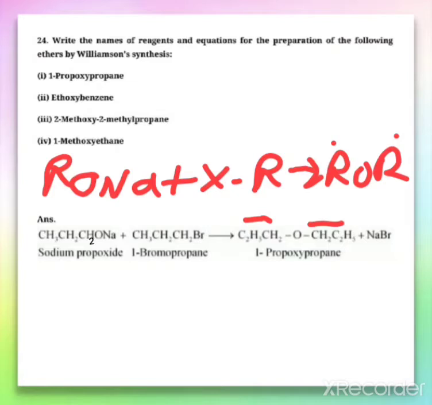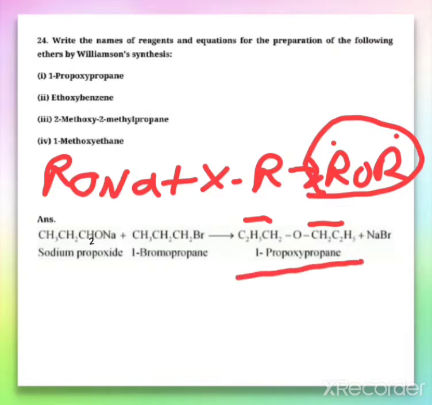So when you compare the general product with our given product, what will be our R? The R is actually CH3, CH2, CH2. Here it is given as C2H5, CH2.